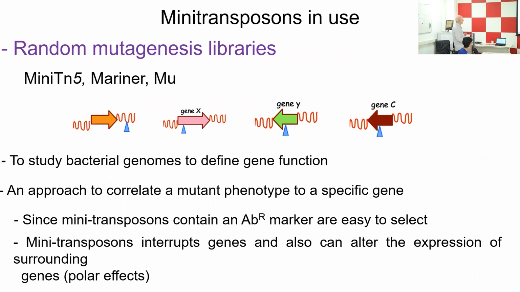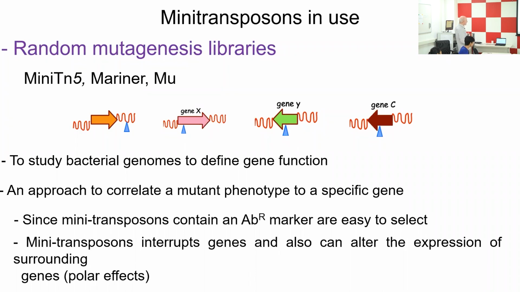In the case of random mutagenesis, it's very trivial, and we commented on that in passing yesterday. You can use the technology for various purposes, to study gene functions or to correlate a mutant phenotype to a specific gene. We discussed mini transposons yesterday, so I will not get into more detail now.